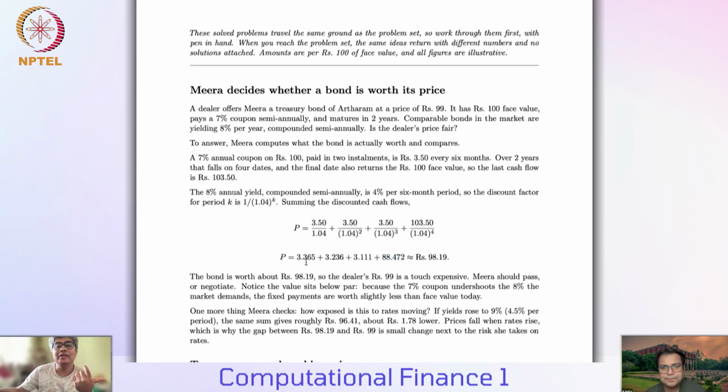Now, if you add all the current values of these future payment streams, they add up to 98 rupees 19 paisa. So that is why we are calling this the price we should pay if we value it at a yield of 8% per year. The value of these future payments, the current price, should be 98 rupees 19 paisa.